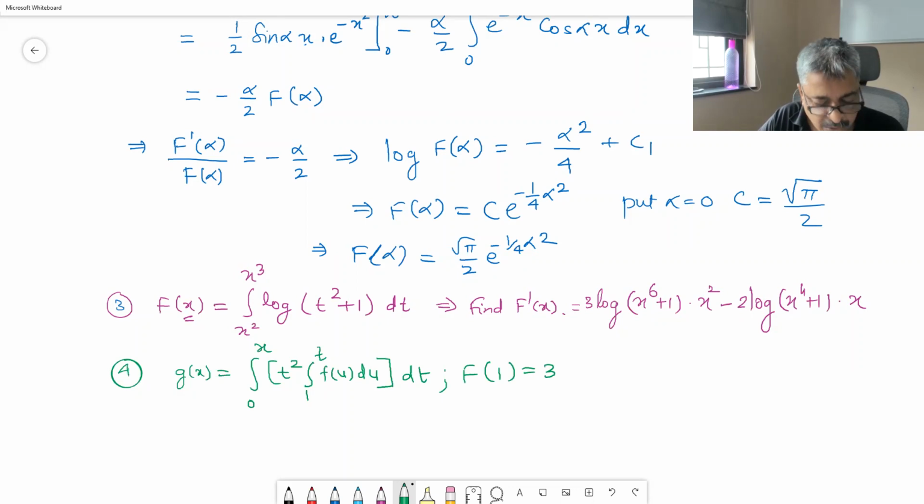Now this f and that f are the same. Find g dash of 1 and g double dash of 1.